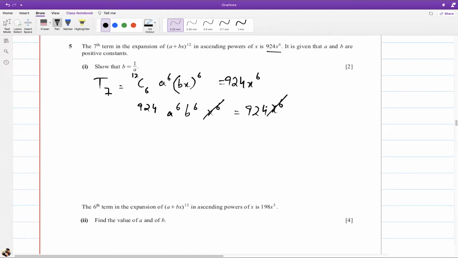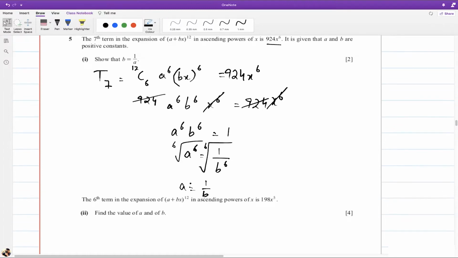This cancels out, this cancels out. You're left with a power 6 b power 6 equals to 1. So इसका मतलब हुआ कि I can simply take a power 6 equal to 1 over b power 6, and if I take the sixth root here to get rid of power 6, I'll end up with a is equal to 1 over b, which I've shown.